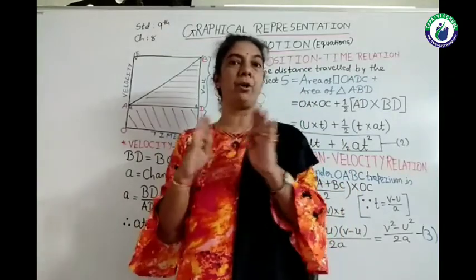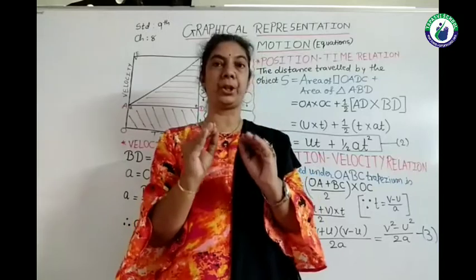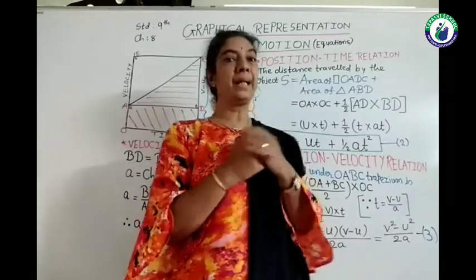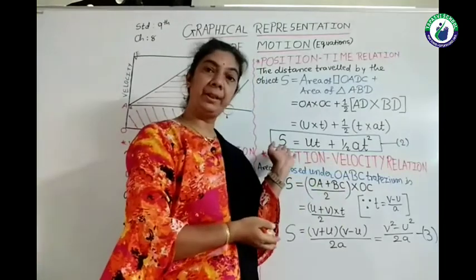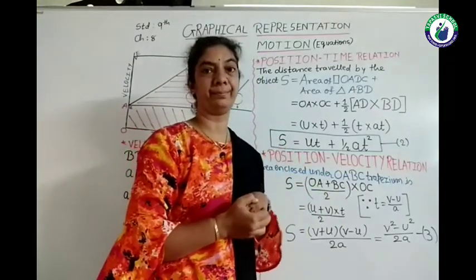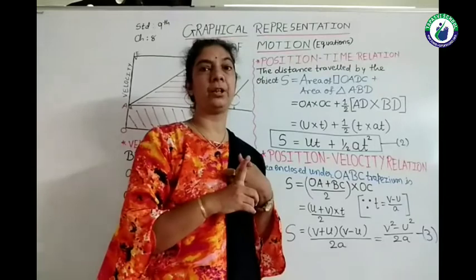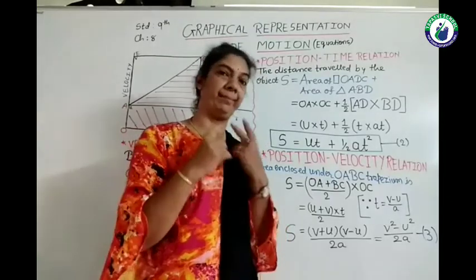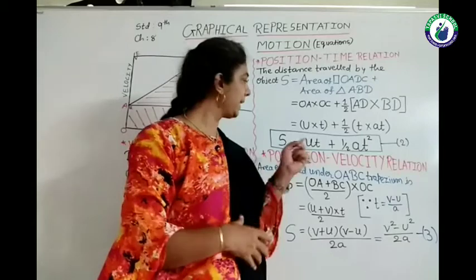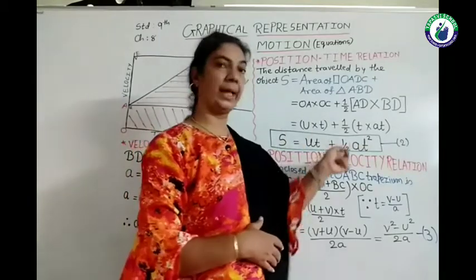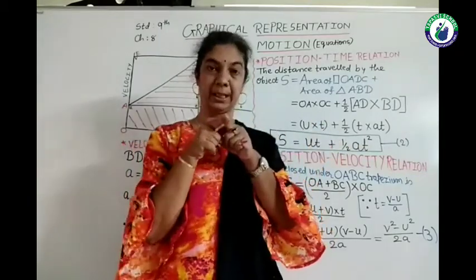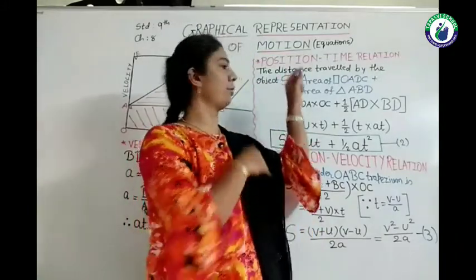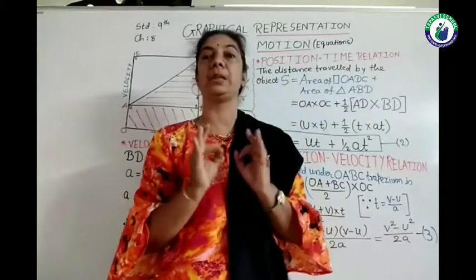Here I have not used the word position or distance. But if I want to find the distance, I have the initial velocity, I have the acceleration, I have the time. See that over here we don't have the symbol v. That means we are least concerned in this situation with the final velocity.